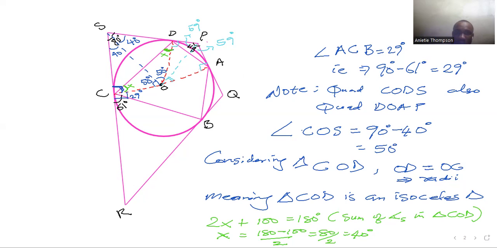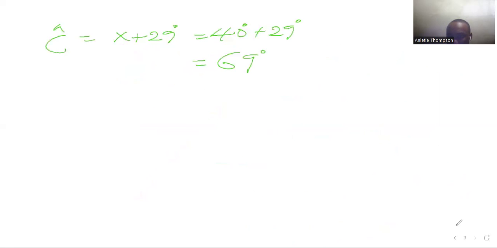So the value of the angle POA, from the diagram, angle POA must be equal to 90 degrees minus 59 degrees.